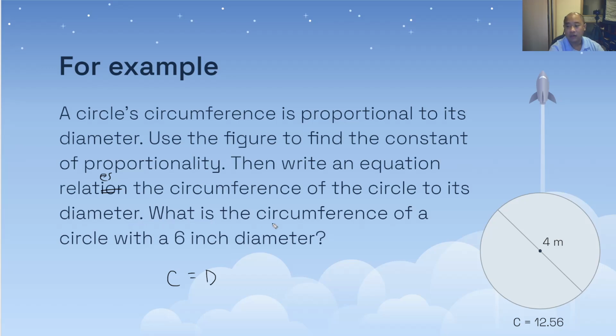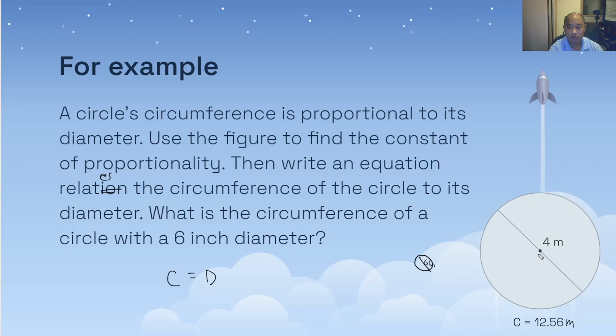So, we know that this circle has a diameter of 4 meters, and the circumference is 12.56 meters. And we want to find out what is the circumference of a circle with a 6-inch diameter.